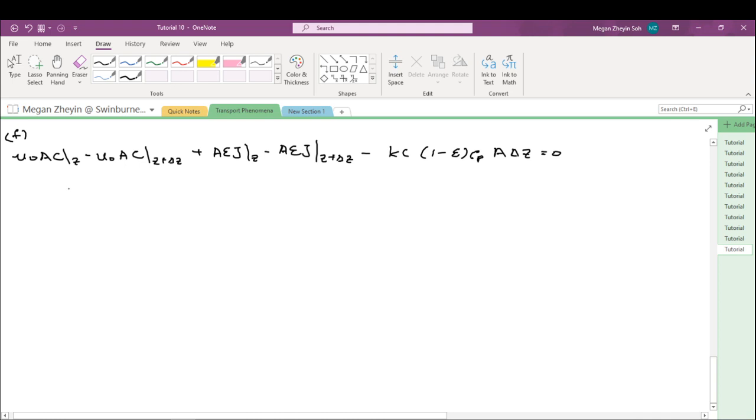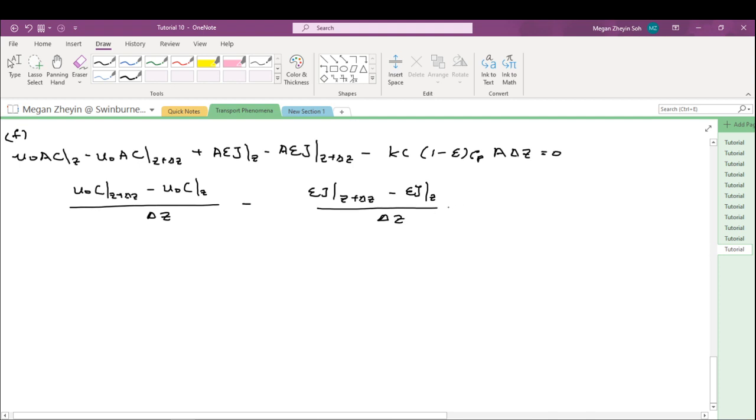We should get UC at Z plus delta Z minus UC at Z, divided by delta Z, minus... this one was supposed to be plus, but because we rearranged it, we should have a negative here as well, minus Kc (1 minus epsilon) rho P A delta Z equals 0.